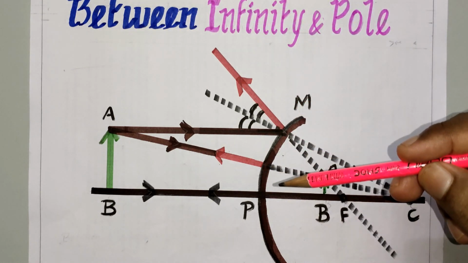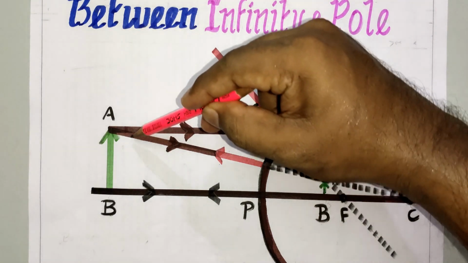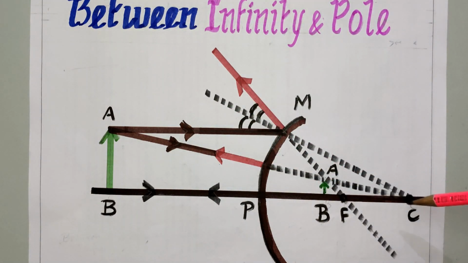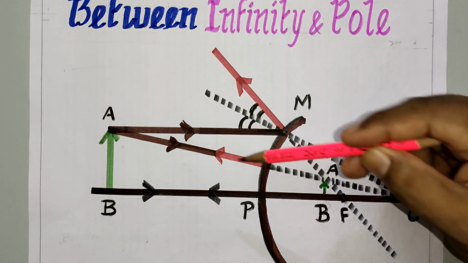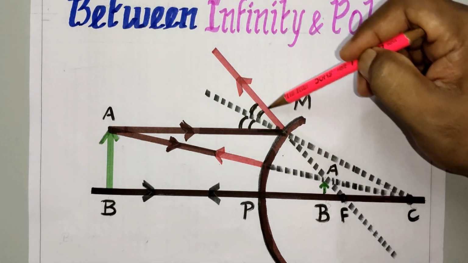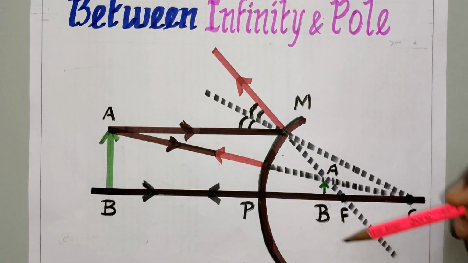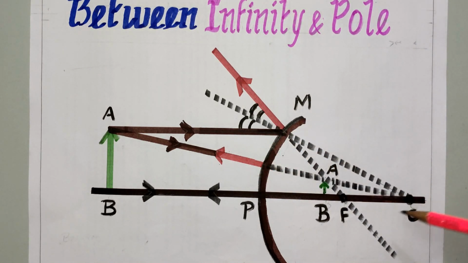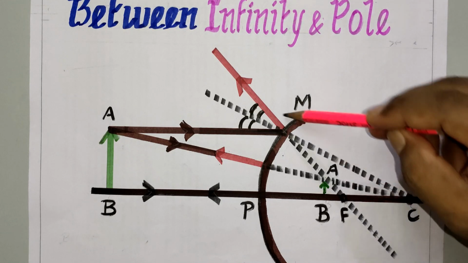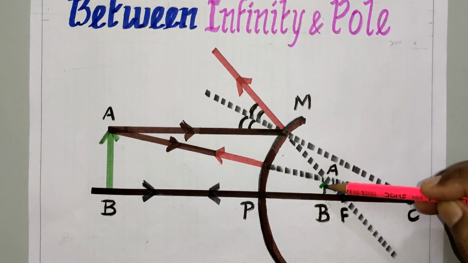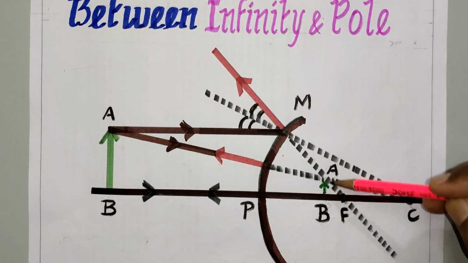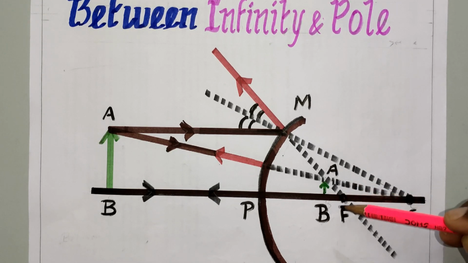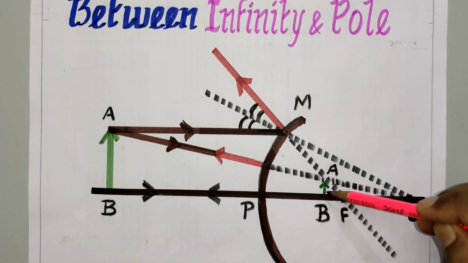Another rule, if a light ray passes through C, then it will reflect through C itself. Actually, if we extend these divergent rays, they will meet behind the mirror. For this position also, we get a virtual and erect image only.